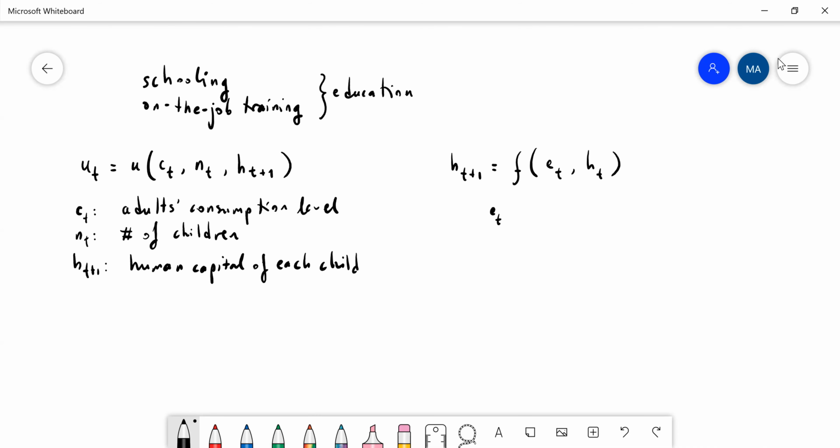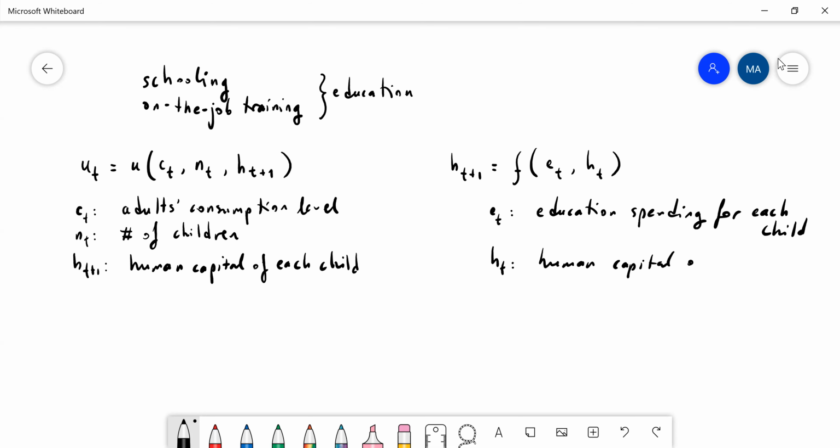Here, E_t is education spending for each child, and H_t, of course, is the human capital of the parent, the human capital of adults.